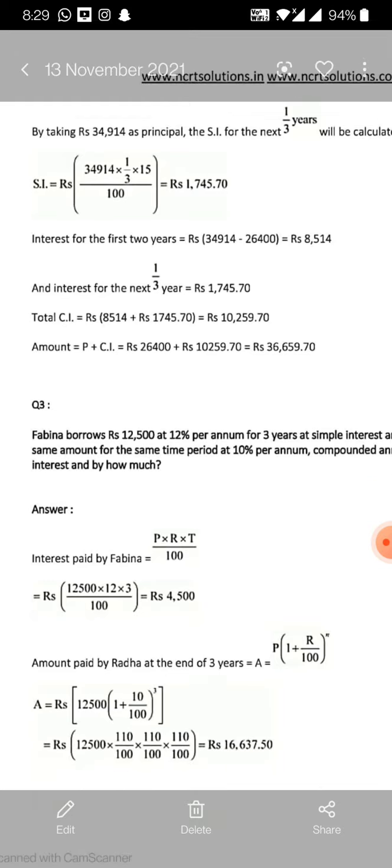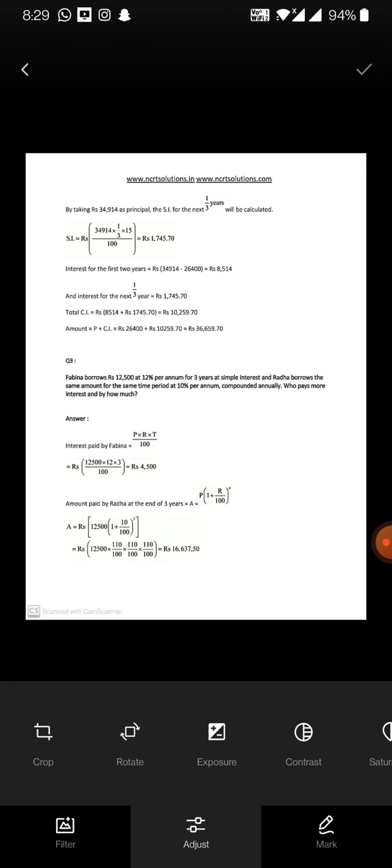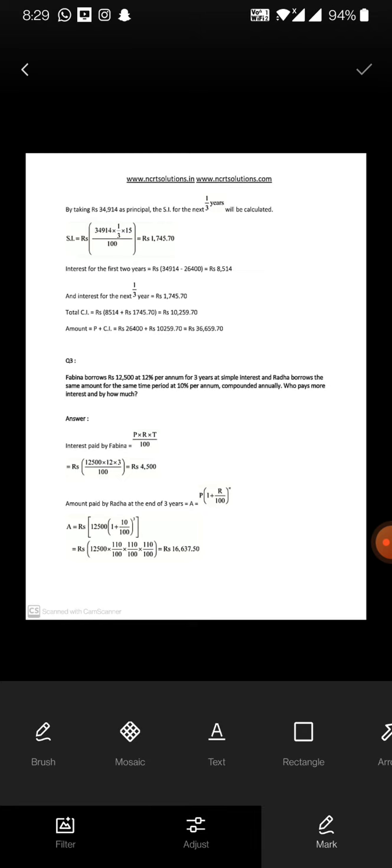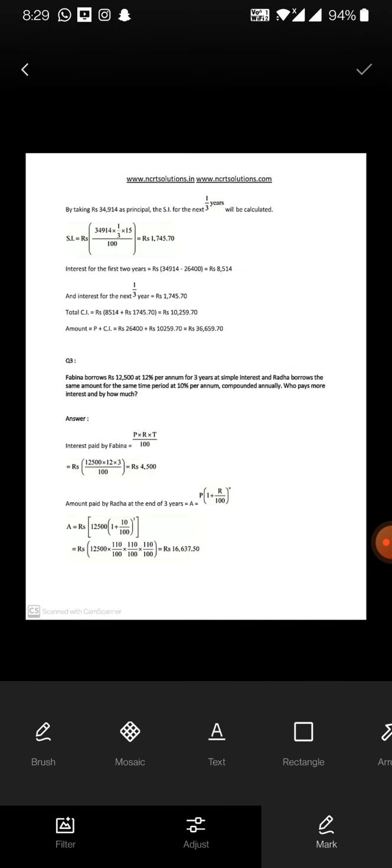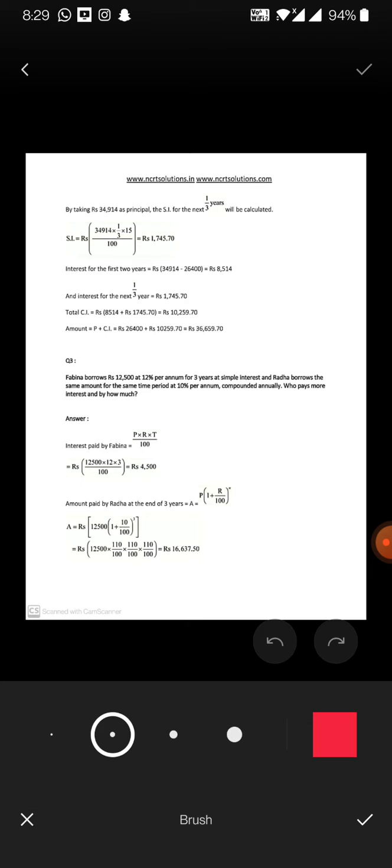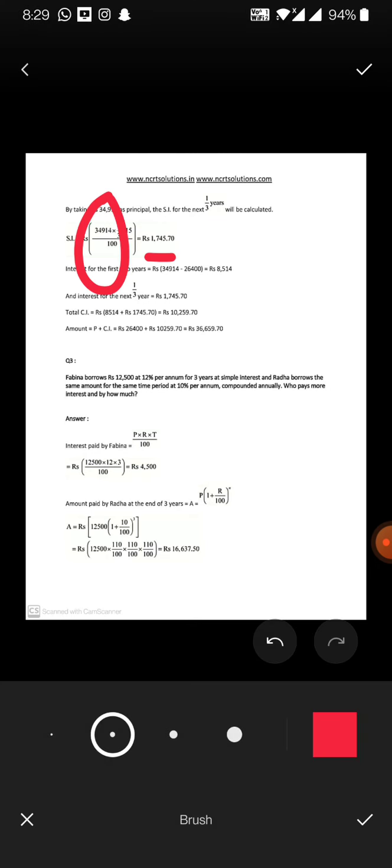Here you can see that the principal amount is changed to 34,914 and the number of years is equal to 4 by 12. 4 by 12 becomes 1 by 3. Clear? So 1 by 3 is the time duration and 15 is the rate of interest. Clear? After solving we get simple interest as 1745.70 paise. Clear? So this is the simple interest.